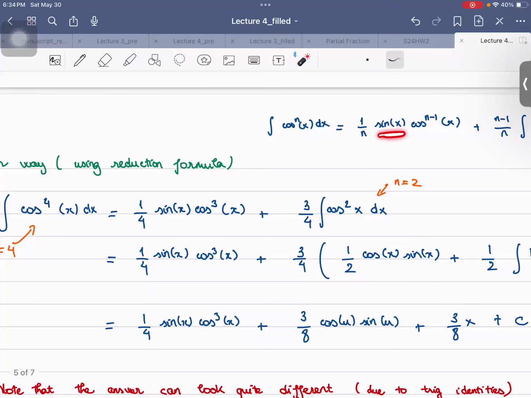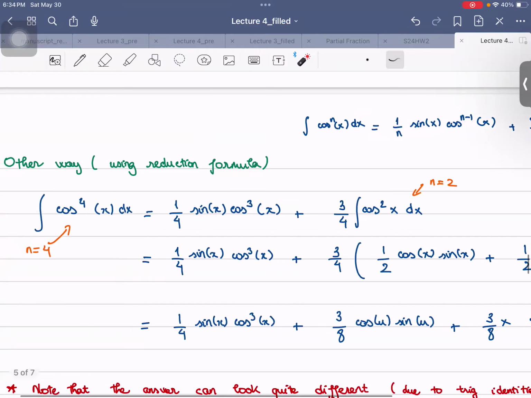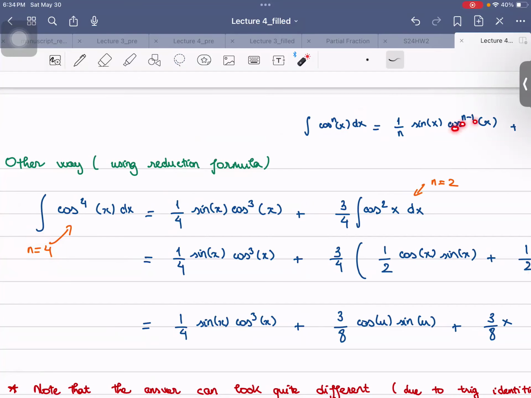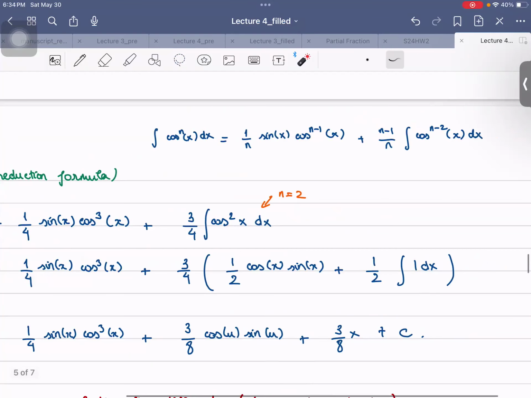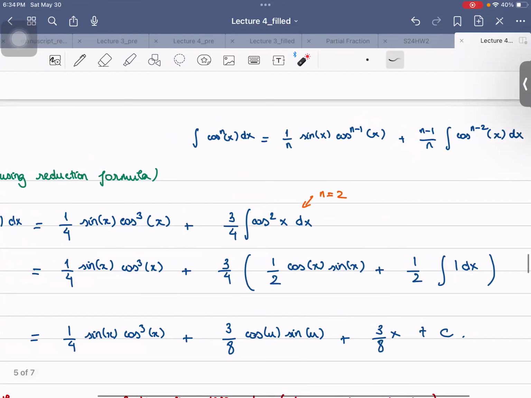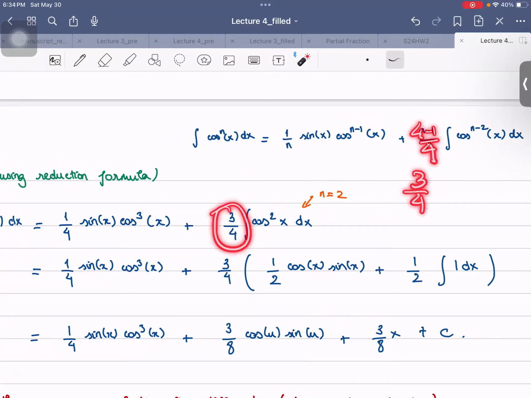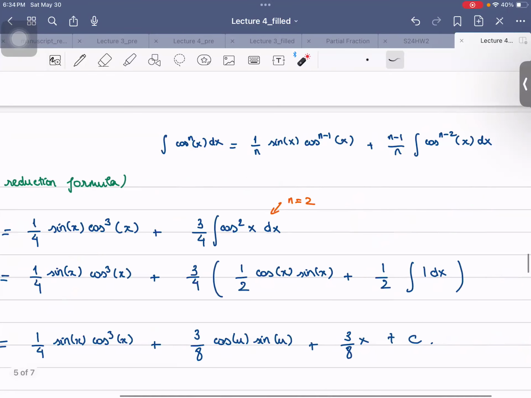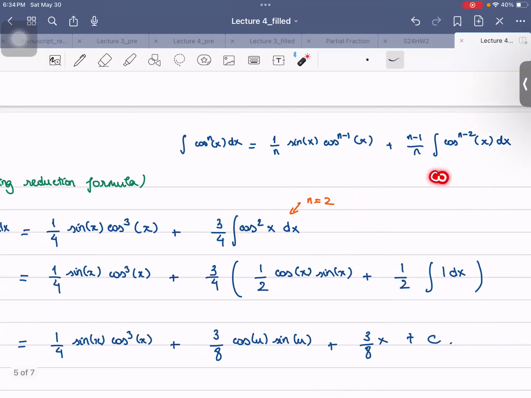You have 1 over 4, sine of x, cosine of n minus 1, and n is 4, so I have cosine of 4 minus 1, which is cosine cube. And over here, I still have the integral, but the coefficient is n minus 1 divided by n, so you have 4 minus 1 divided by 4, which is 3 over 4. And the integral of cosine of n minus 2, with n being 4, so I have cosine 4 minus 2, which is cosine square of x dx.